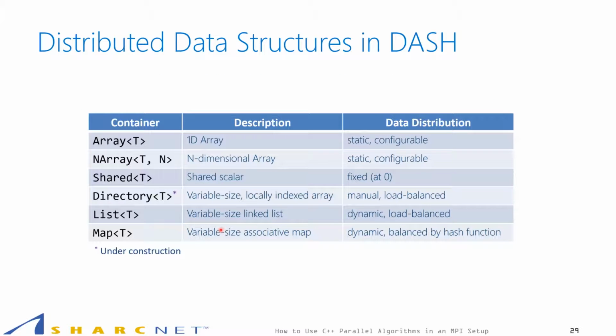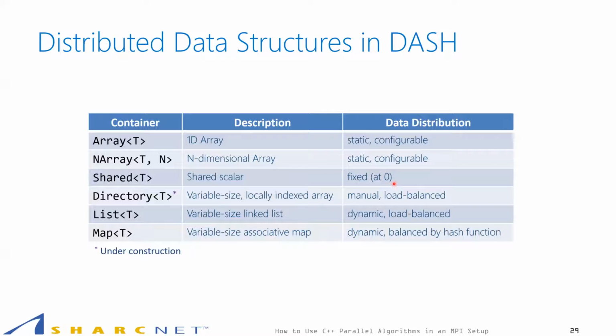So what distributed data structures are available in Dash? There is a one-dimensional array that we already covered, but there are also n-dimensional arrays with NArray, which can act as a matrix also. There is a shared one, which is a shared scalar, and by default it's fixed on unit 0.